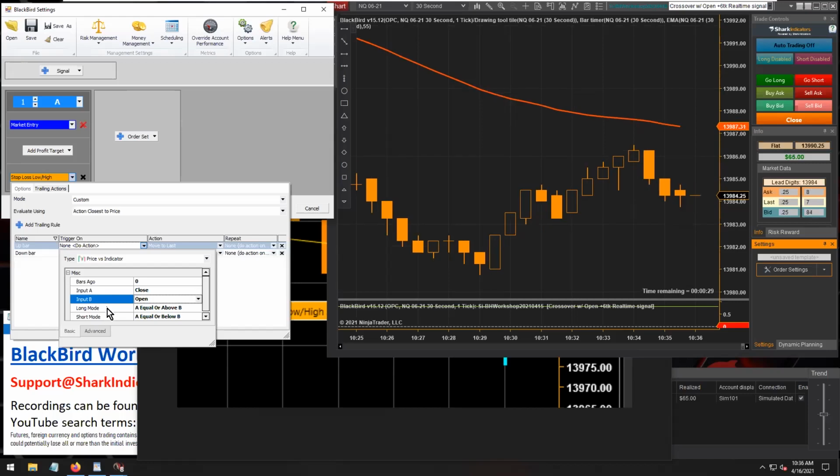So for long mode, we want A above B. If it's an up bar, the close is going to be above the open. And the same thing for short mode.